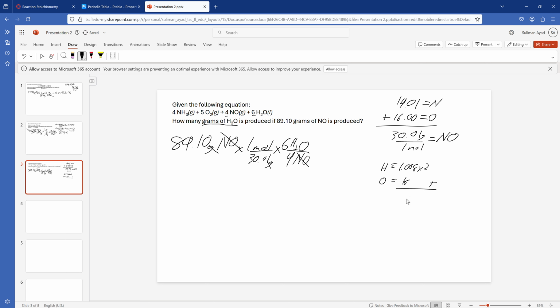I'll add those two values together to get us 18.02 grams per 1 mole. Here I want to put the moles on bottom so that it will cancel with the moles in the numerator over there. 18.02 grams over 1 mole. Moles cancels with moles. And now I get to solve.